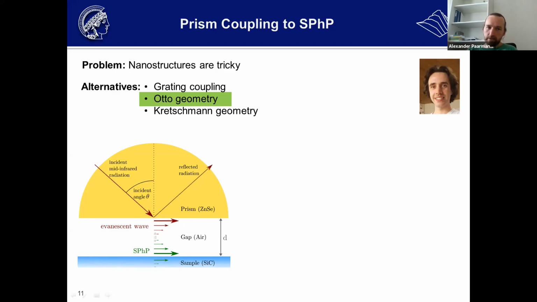However, you have an evanescent wave on the backside of the prism under these conditions. And now if you take this prism with your IR beam in it and bring it close to your polaritonic sample, you can overlap this evanescent wave from the prism with the evanescent polariton wave. And this allows you to couple in a very controlled way to excite the surface polariton on a flat surface.